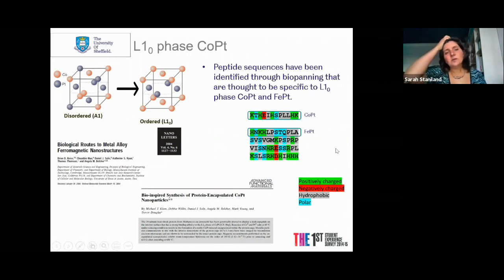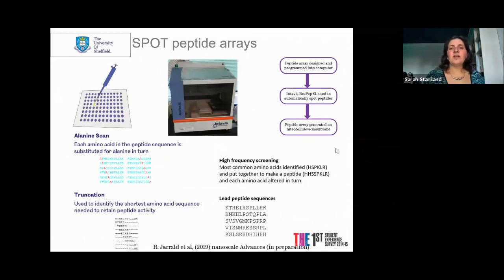What we thought we'd do is analyse these through the spot array technique, where we can vary the sequence in a very systematic, controlled manner to try to understand if there's one particular residue. So we can have alanine scanning, where we take out each residue in turn and replace it with something very bland.